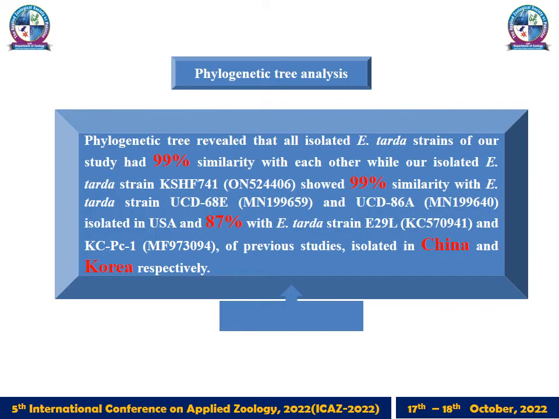Strains isolated in our study had 99% similarity, and they also showed 99% similarity with E. tarda strains isolated in USA and 87% similarity with the E. tarda strains isolated in China and Korea.